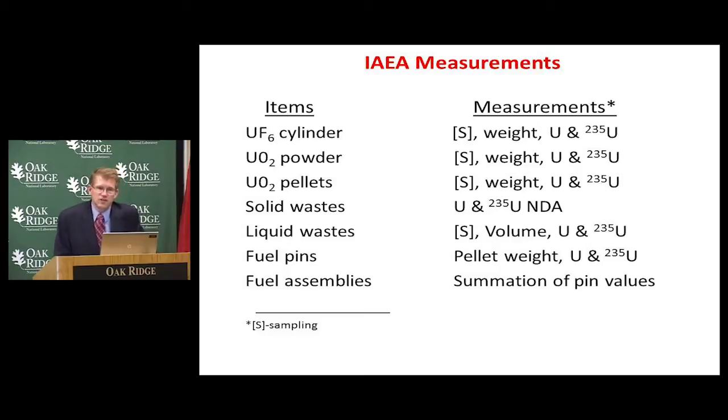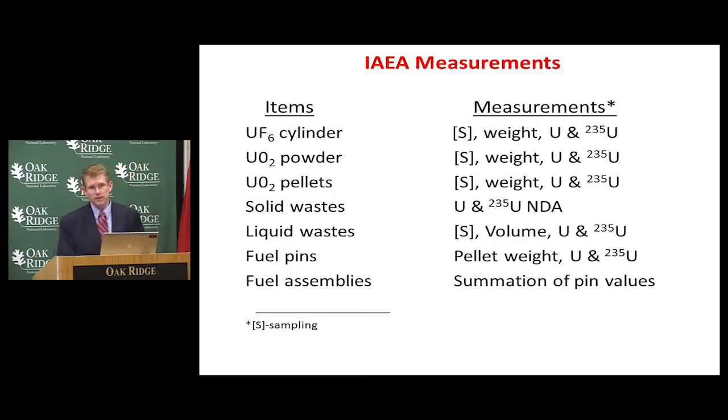So for each of these, the agency has a measurement technique which may involve actually collecting a sample from the item. It may involve weighing the gross weight of the item and combining that with the tare weight, the empty weight, being able to calculate the net weight or the quantity of nuclear material in the item, and then doing either analysis or independent measures to determine both the uranium content and the U-235 content.